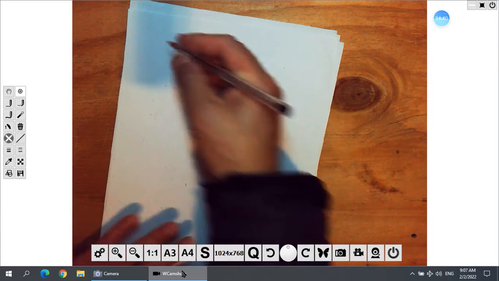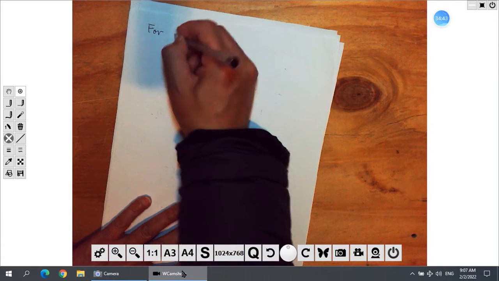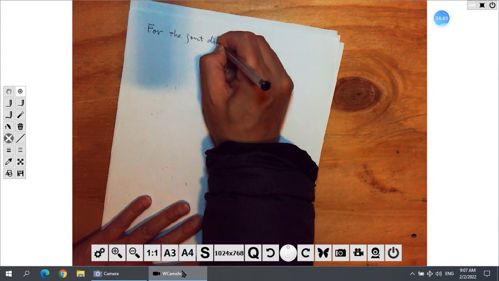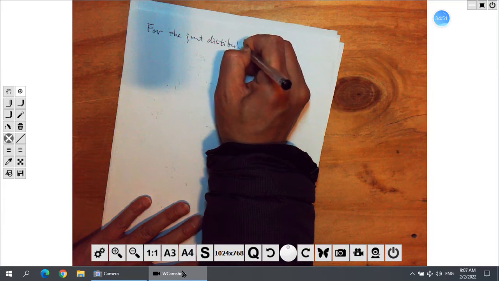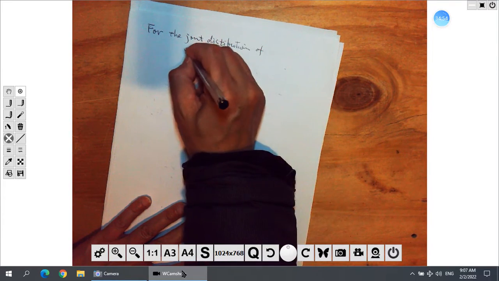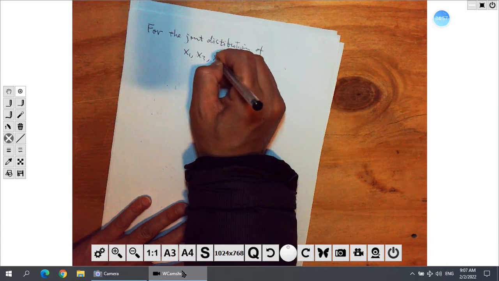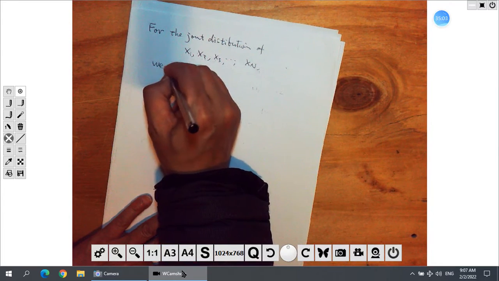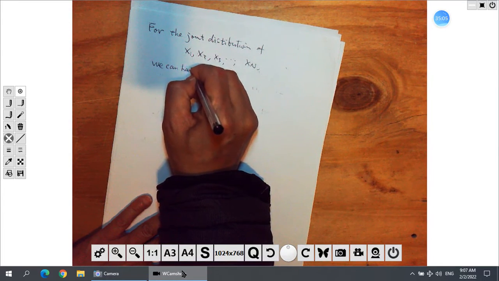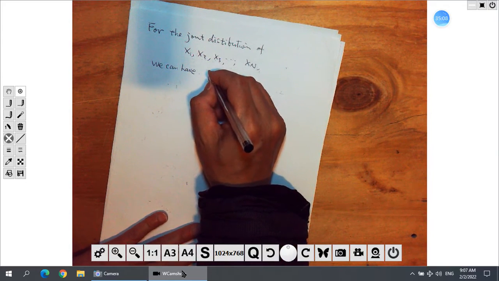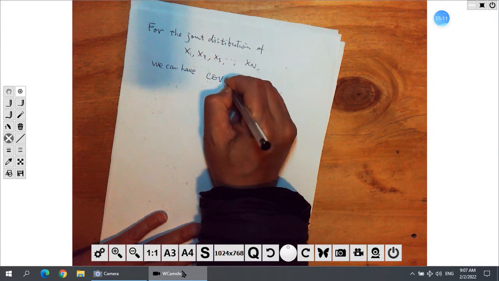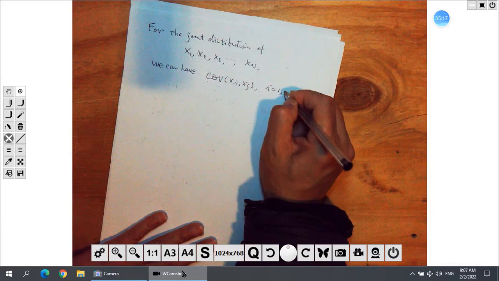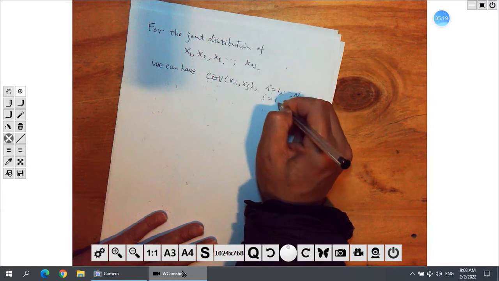Now for the joint distribution of x1, x2, x3 until xn, we can have the covariance of xi, xj for i running from 1 until n, j also running from 1 until n.